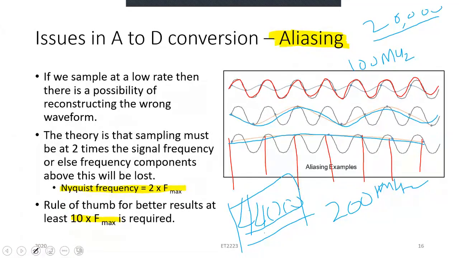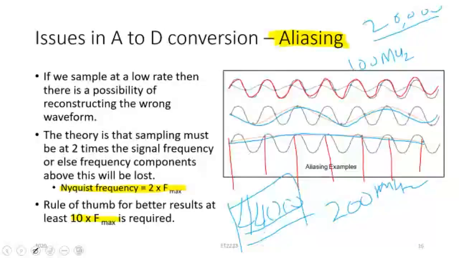Similarly, if we think about telephone, telephone is normally intended for voice signals, and most human voices are around 3,000 hertz at most, 3,000, 3,500 maybe.